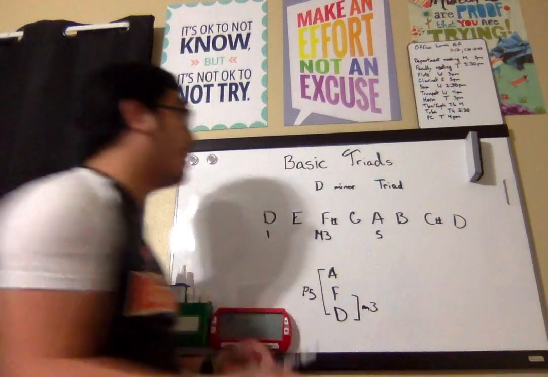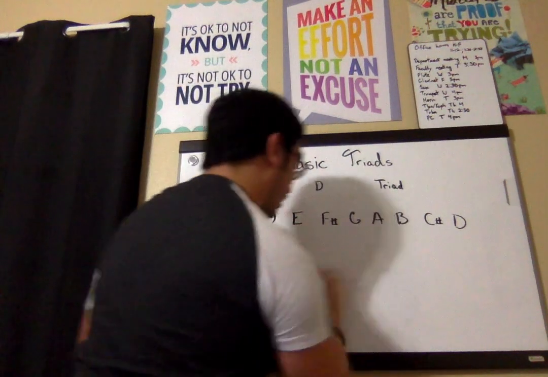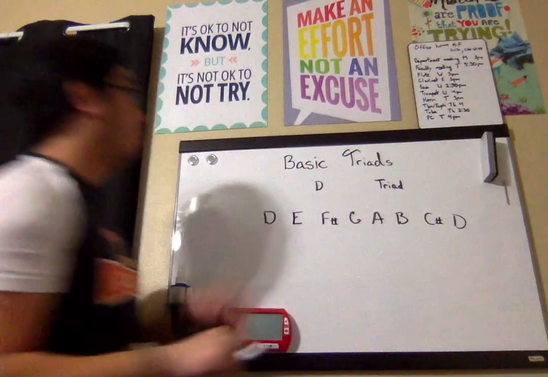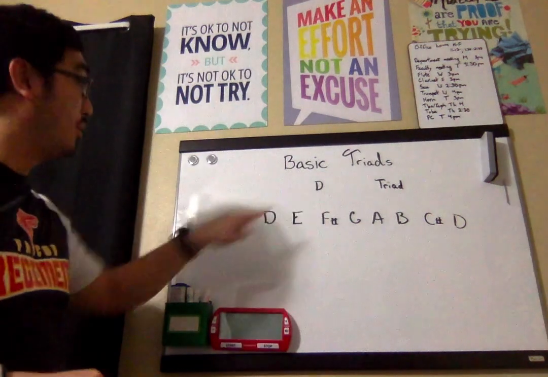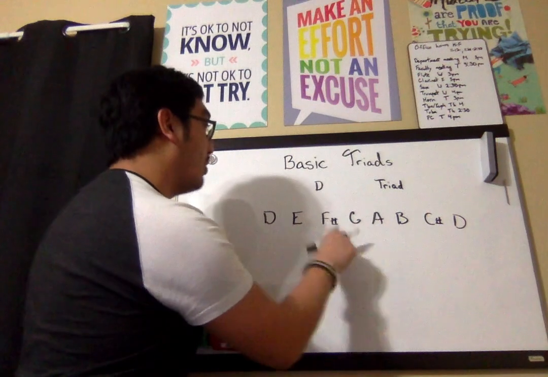Let's look at an augmented triad. We've identified the keynote already. We've already built our major scale. We're going to still pull scale degrees 1, 3, and 5.